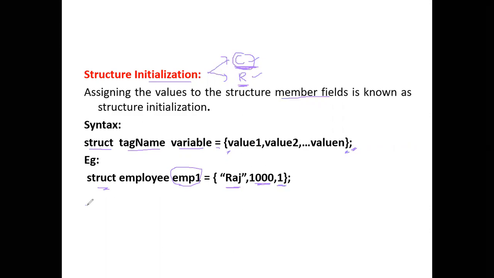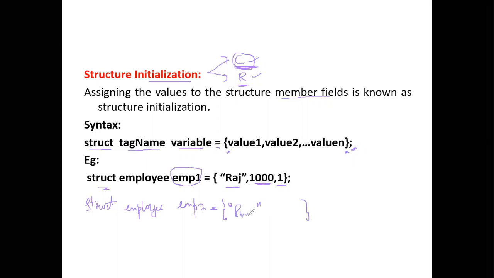In the same way we can define the values for one more variable, m2. Write struct employee m2 equal to, and since name is a string, we have to place it within double quotes.